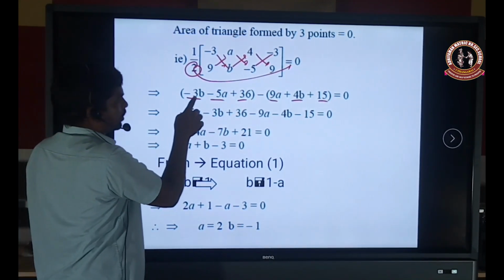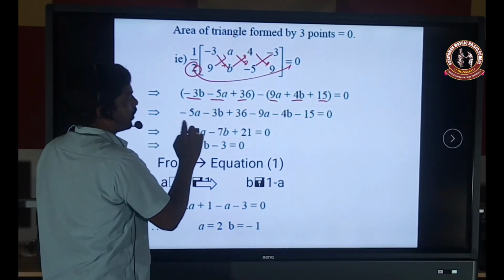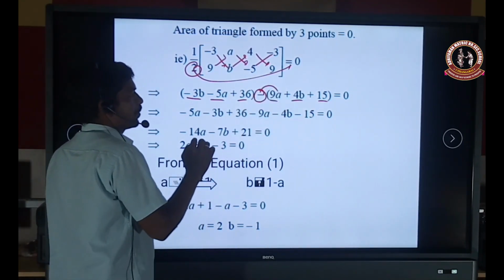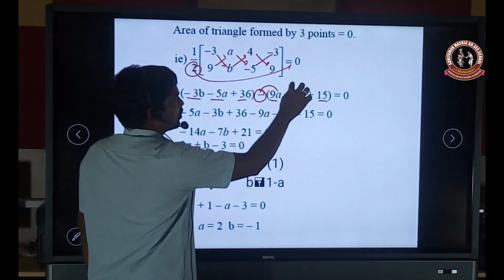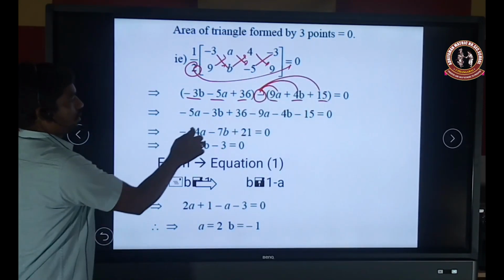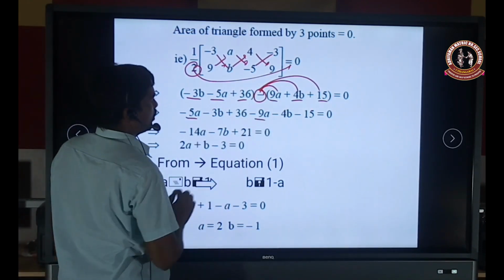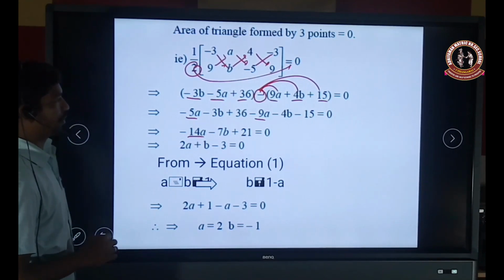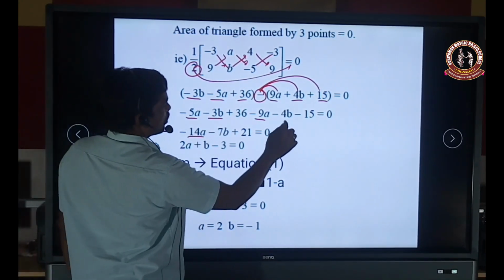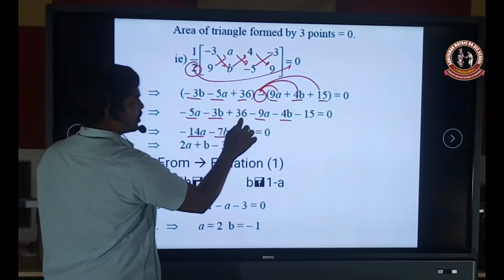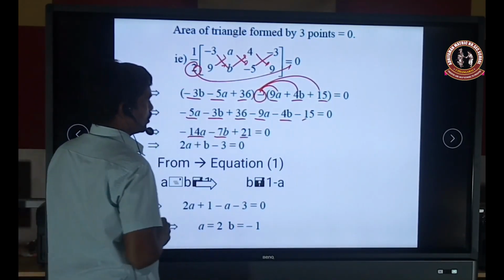So now minus 3b minus 5a plus 36. This minus goes inside the bracket. We get minus 9a, minus 4b and minus 15. So now minus 5a minus 9a equals minus 14a, minus 3b and minus 4b equals minus 7b, 36 minus 15 equals 21.